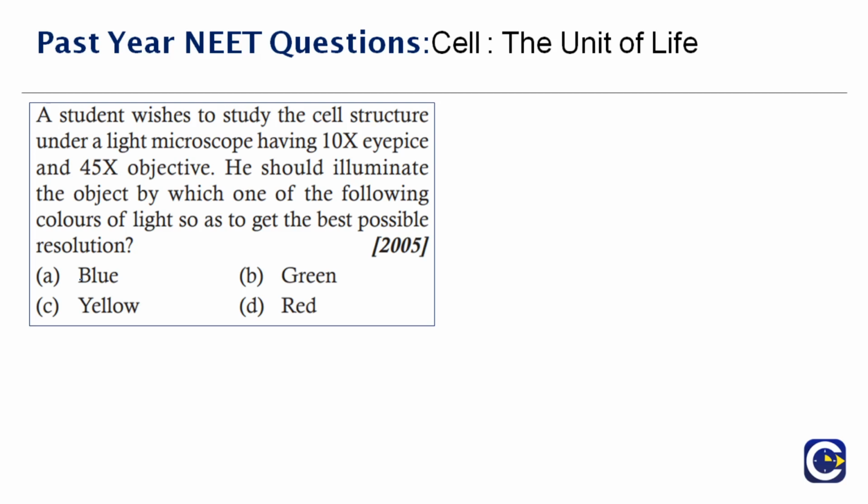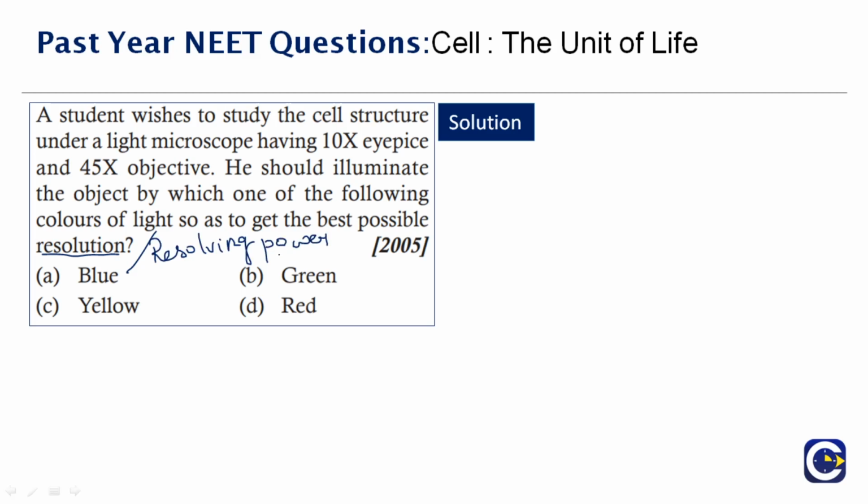Here, before we go into the answer, what do you mean by resolution power? Why do you need a perfect resolution to view something on a microscope? You can call it resolution, or you can call it resolving power. Resolving power is the ability of the lens to distinguish fine details and structure.